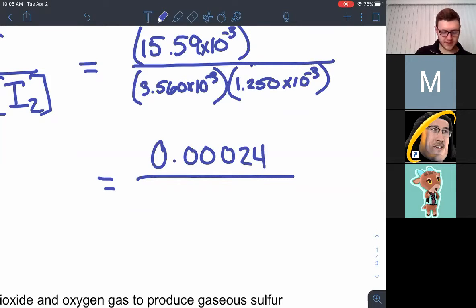Awesome. And then if we do the bottom, so we do 3.560 times 10 to the negative third multiplied by the 1.25 times 10 to the negative third. What do we get?